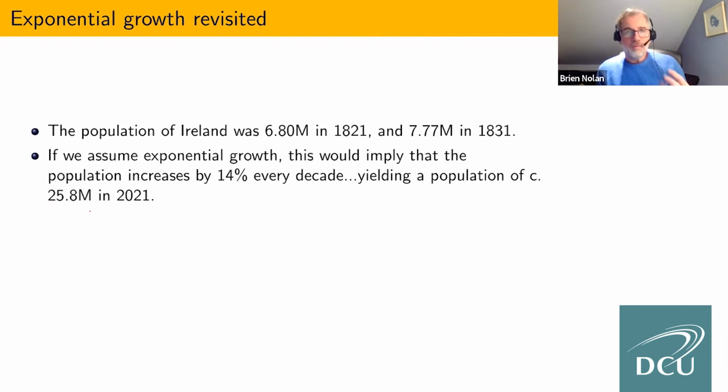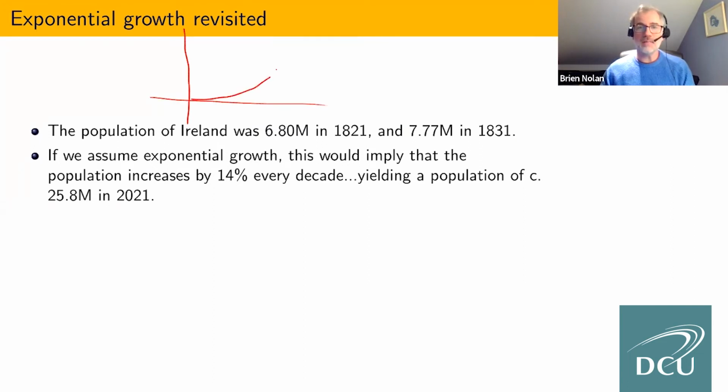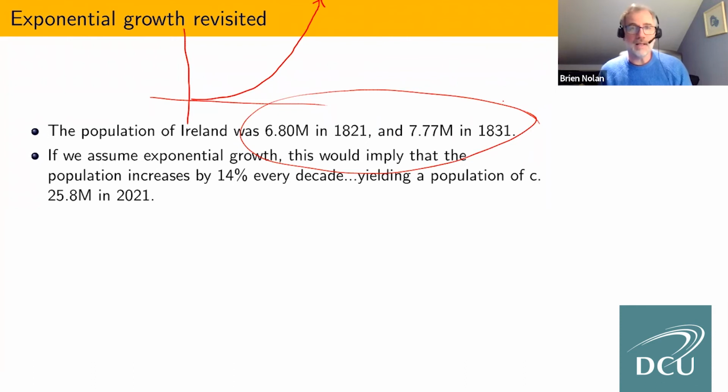It works very well over the short term, but it does not work well over the long term, because what we find is an exponential function that just gets bigger and bigger and bigger and bigger. And of course, we've entirely missed here the effects of the famine and the mass emigration that occurred after that.